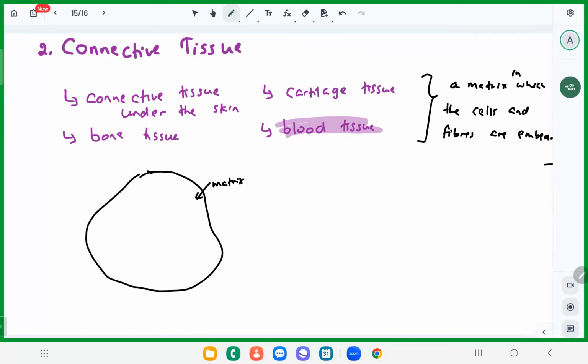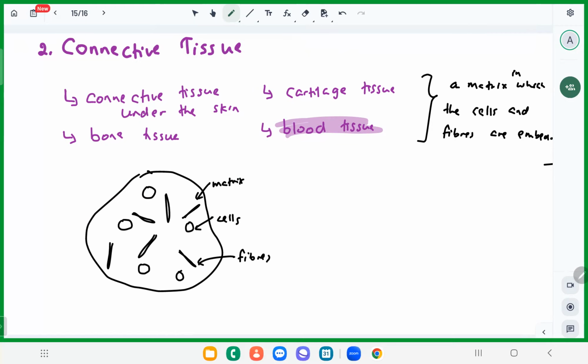You can imagine this as a surrounding. And in this matrix, you have different types of cells and different types of fibers embedded in it. So that's the common thing shown by all these connective tissues, the fact that they all have a matrix in which the cells and fibers are embedded, right?